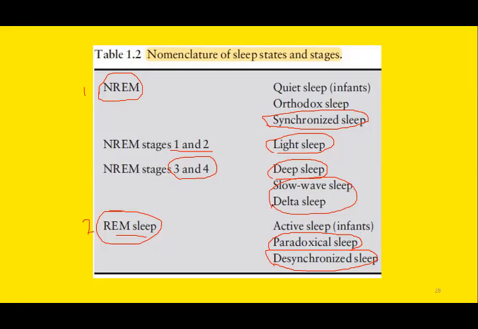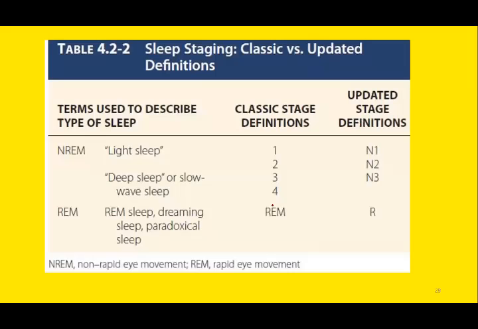So this is the classical staging of sleep. Now remember, this staging has been updated recently. According to the updated classification, non-REM sleep is divided into three stages: N1, N2, and N3.